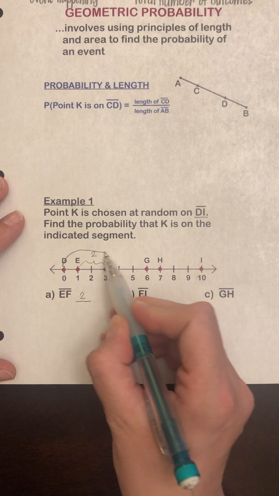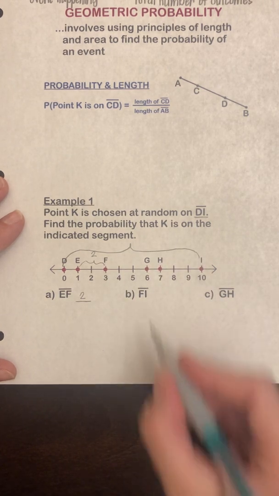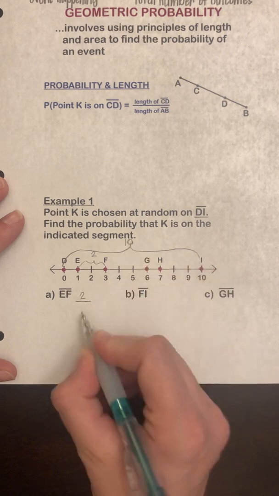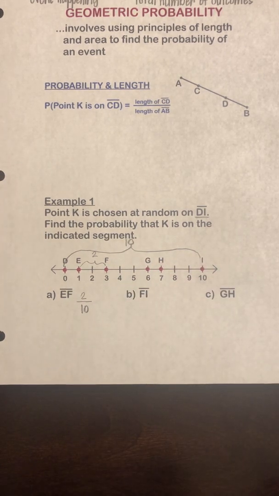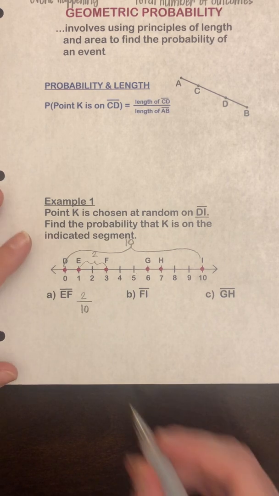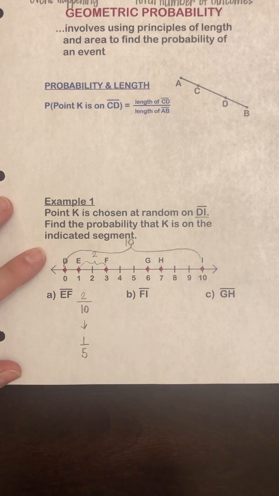So if D starts at 0 and I is at 10, that gives us a length of 10. So the probability of it landing on EF is 2 over 10, and we always want to reduce our fractions, and our final probability is 1/5.